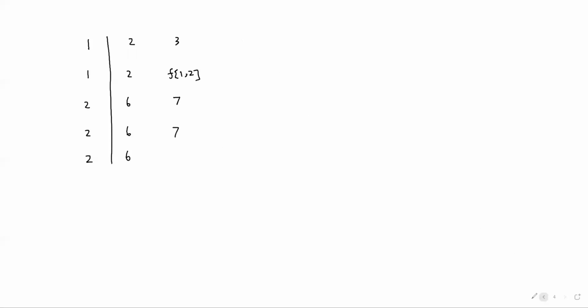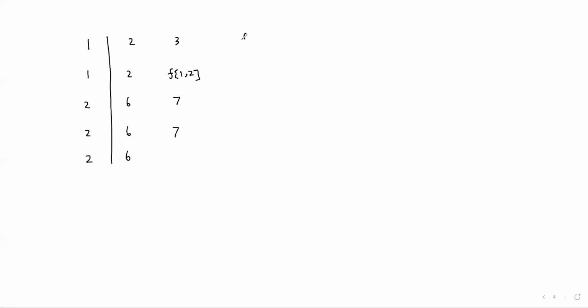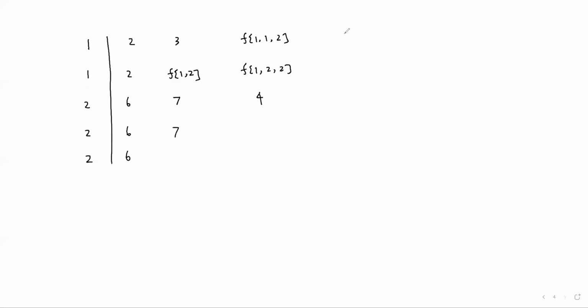Now, next column, 1, 1, 2, 1, 2, 2. Then number 4. How about this? 1, 1, 2, 2, then 1, 2, 2. Then the last entry is 1, 1, 2, 2, 2.